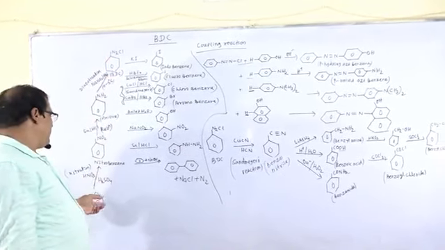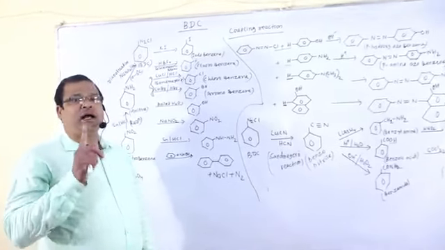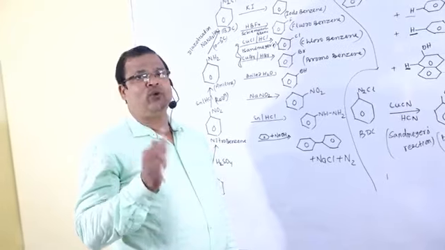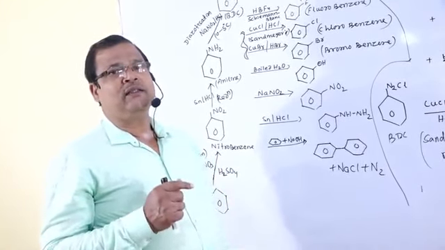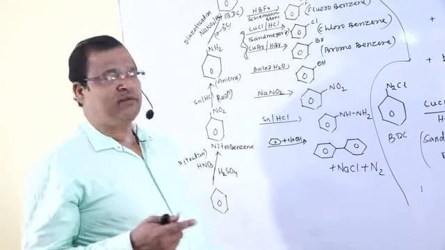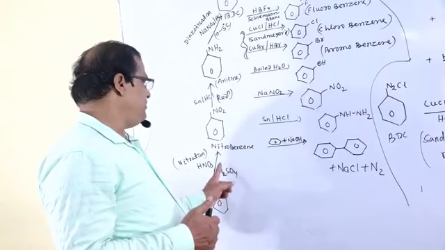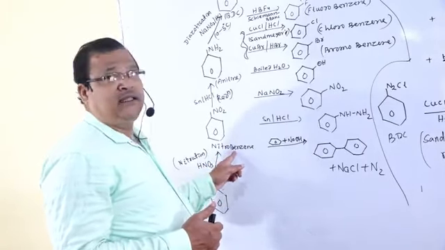How will p-amino azobenzene be produced? Para-amino azobenzene is a yellow azo dye. We obtain it from benzene. Benzene, HNO3 and H2SO4 gives nitrobenzene.